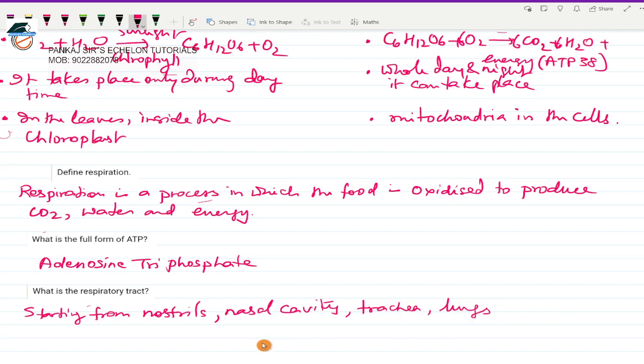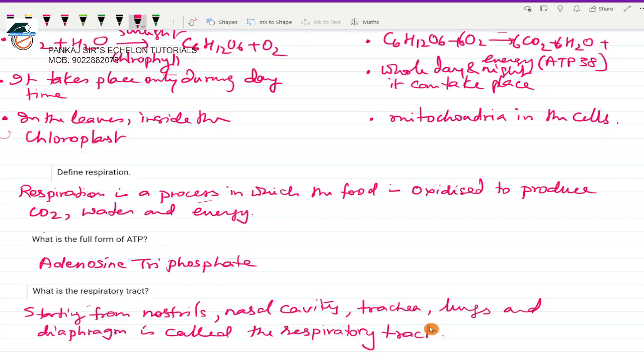Starting from nostrils, nasal cavity, trachea, lungs, and diaphragm is called the respiratory tract.